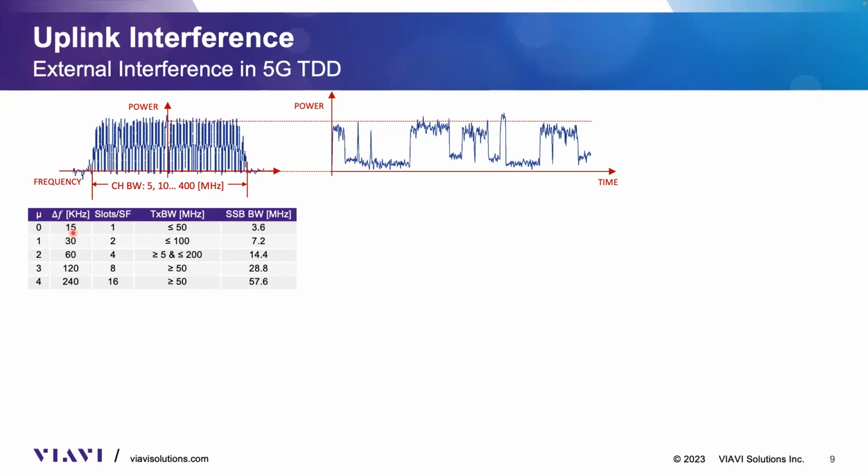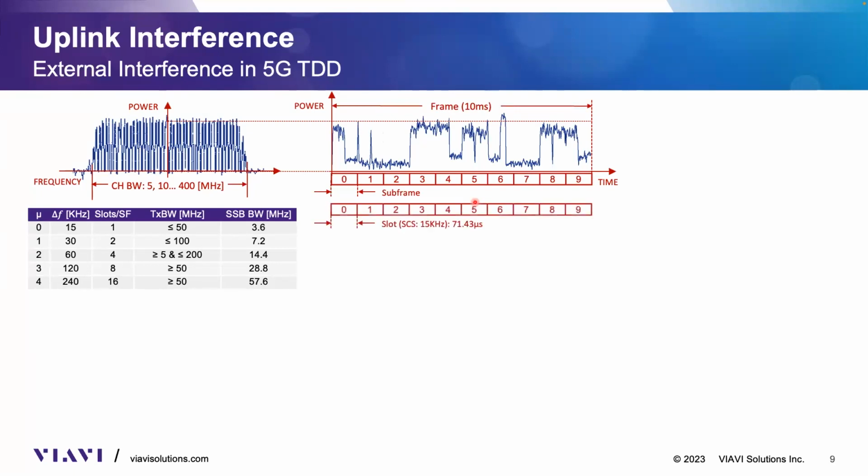the uplink is. So again, if I look now at the same signal, but in time, I have one frame, I have my 10 subframes. So this is standard, this is the same as LTE. The difference though now is that if I have a subcarrier spacing of 15 kilohertz, one slot is basically the size of one subframe.